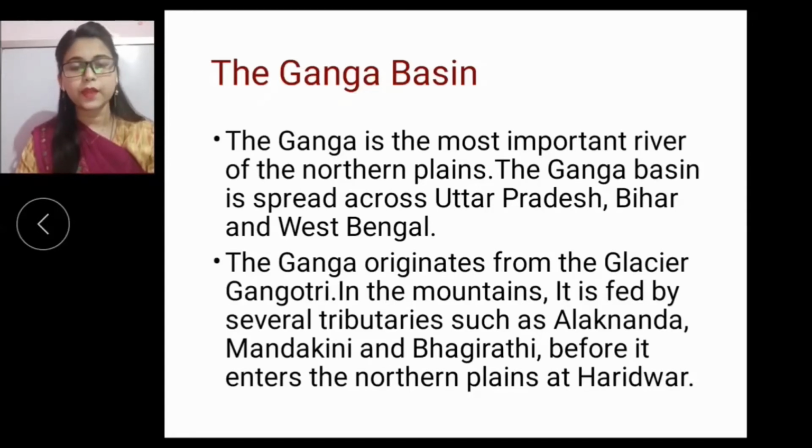The Gangotri glacier. The Ganga originates from the Gangotri glacier in the mountains, and it is fed by several tributaries such as Alaknanda, Mandakini and Bhagirathi. These are the three tributaries before it enters the northern plains at Haridwar.